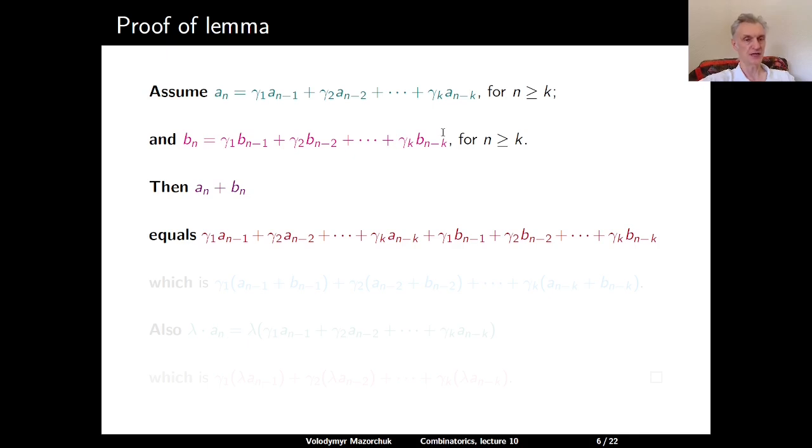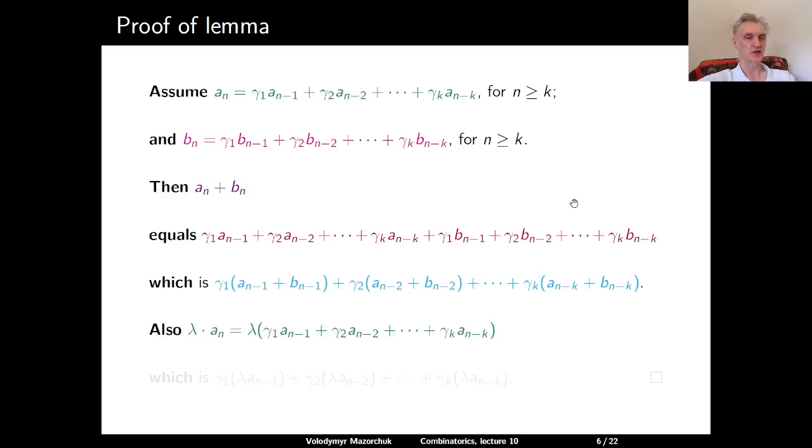And now we can rearrange this and rewrite it as gamma 1 times (a_{n-1} plus b_{n-1}) plus and so on plus gamma k times (a_{n-k} plus b_{n-k}). But this means exactly that the sequence A plus B is also constant recursive with the same parameters.